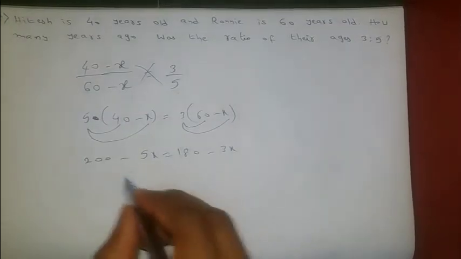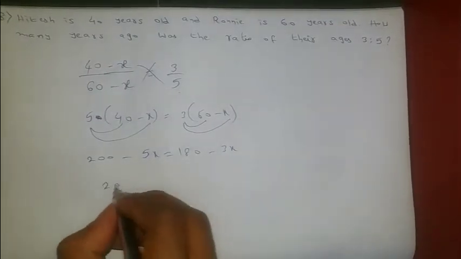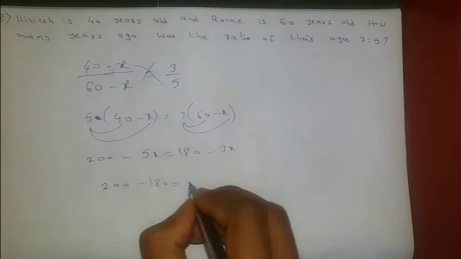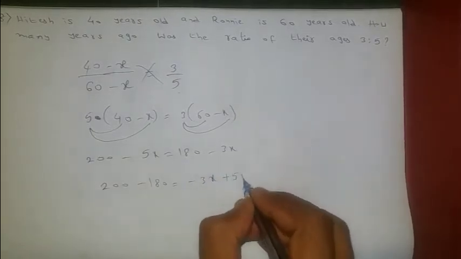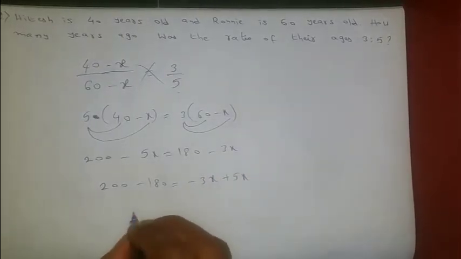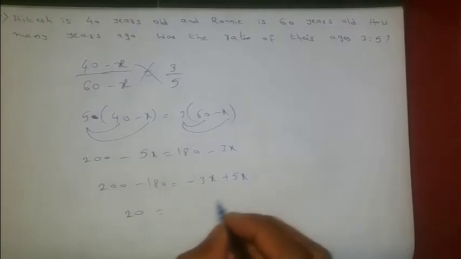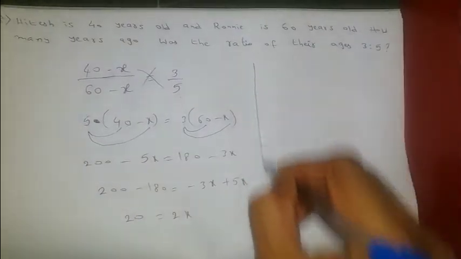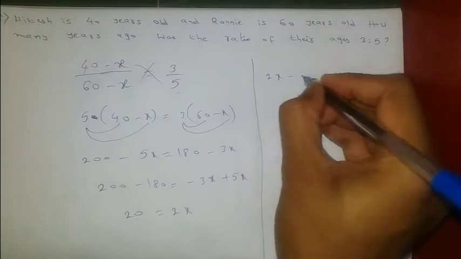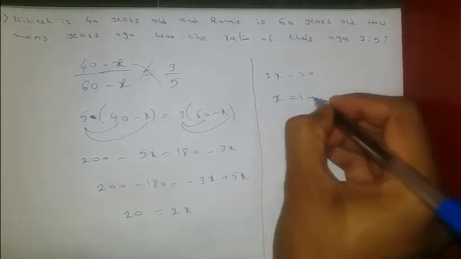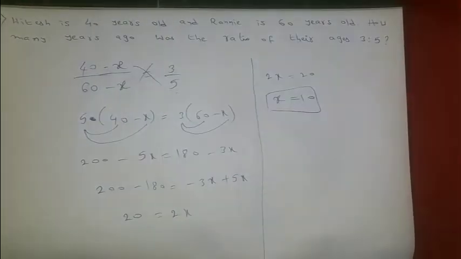I will bring 180 this side, I will take 5x that side. 200 minus 180 is equals to minus 3x plus 5x. 200 minus 180, 20 is equals to minus 3x plus 5x, 2x. 2x is equals to 20, so x value is 10.